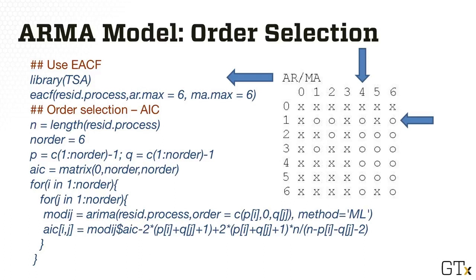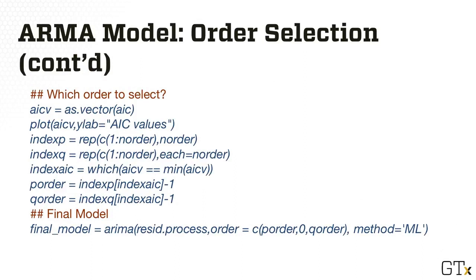Note that I specify here an order equal to 6, but that means I consider the orders from 0 to 5, as specified in the definition of P and Q. I loop over all combinations of the orders and fit the ARMA model, then save the AIC values in a matrix.